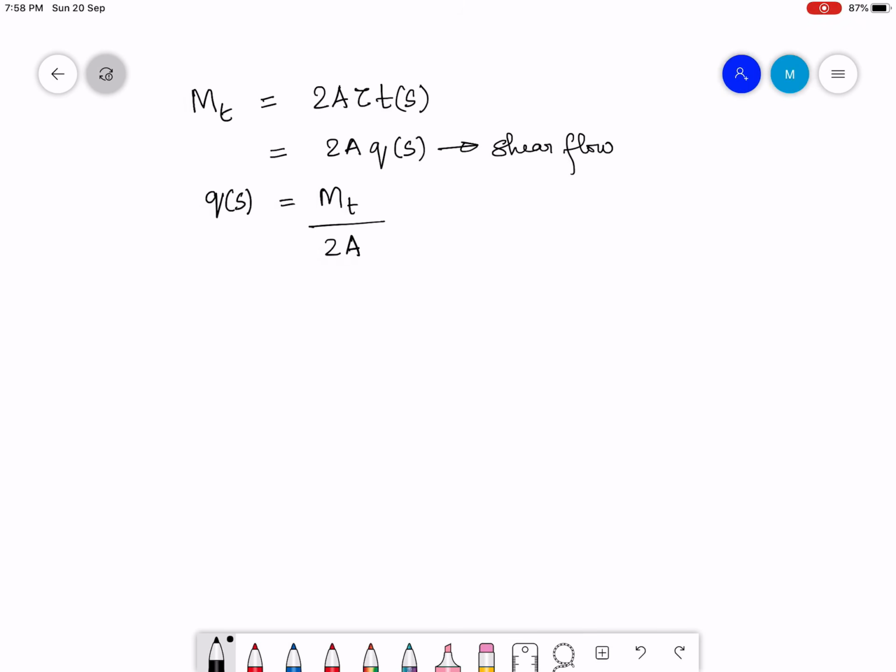So mt is constant for a given problem. Mt is the applied torque, so it is constant for a given problem. So this is applied torque.